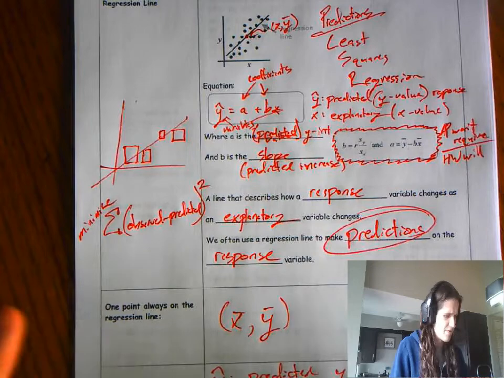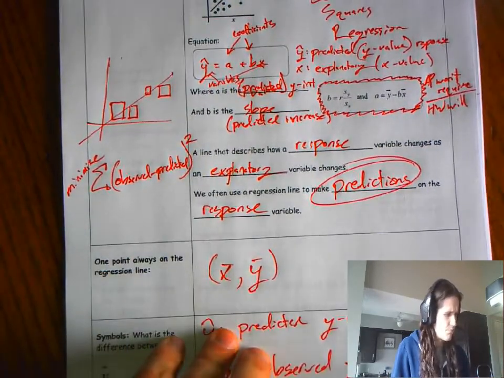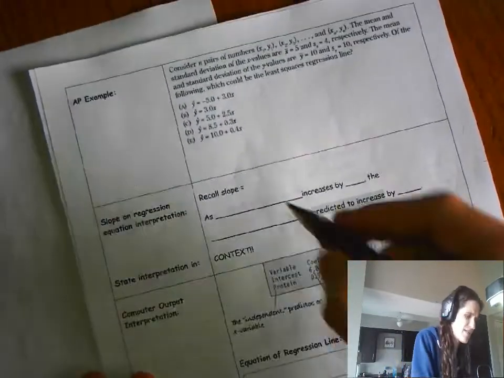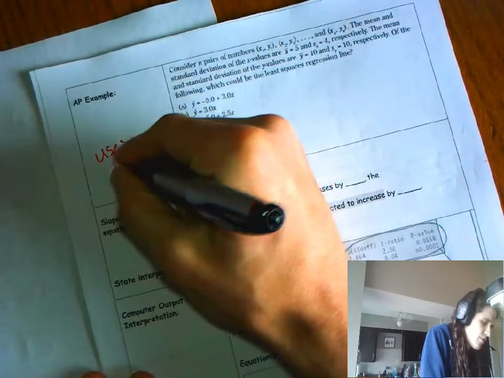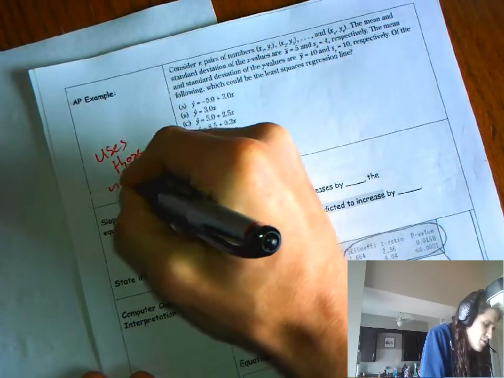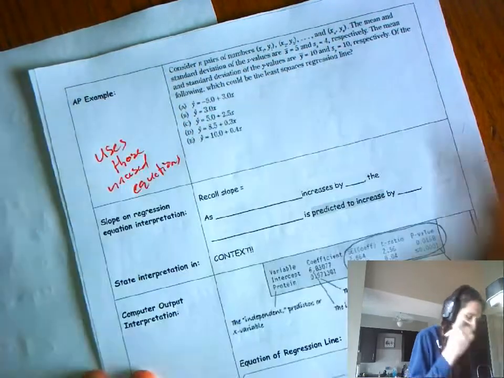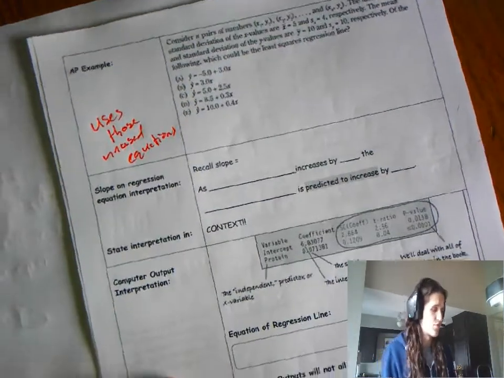All right, we've spent enough time here. Moving on to the next page, you got an AP example. I'm going to leave that as an exercise. This uses those unused equations. So I'm going to skip it for the sake of time, and it's truly tedium.